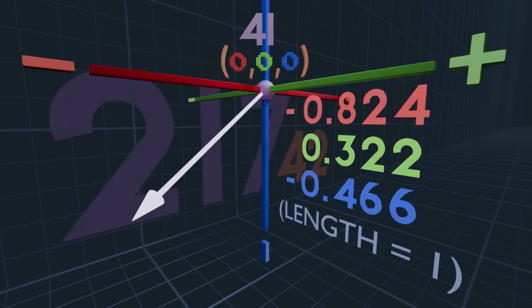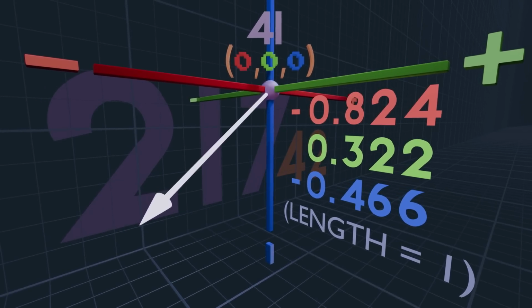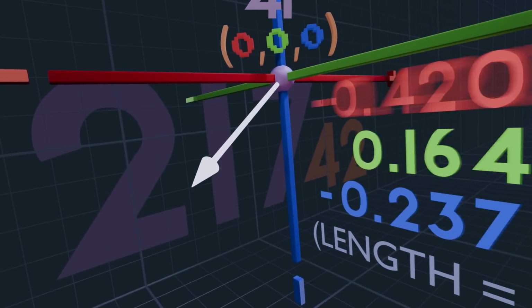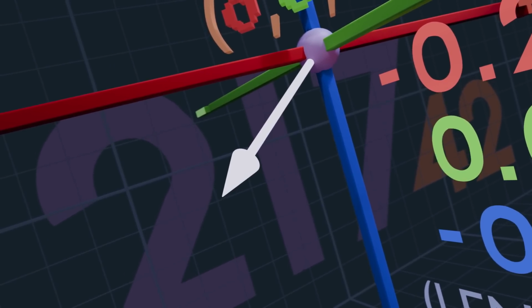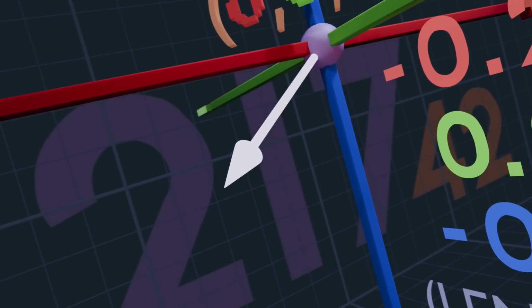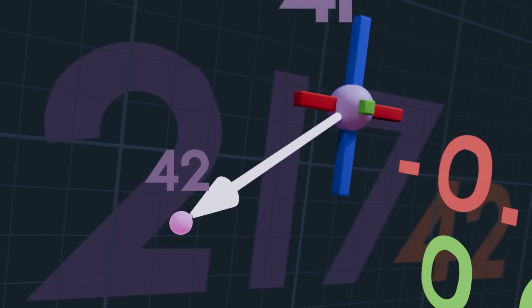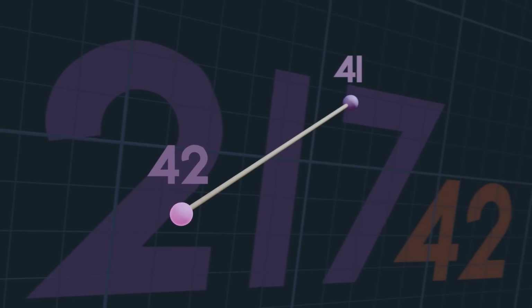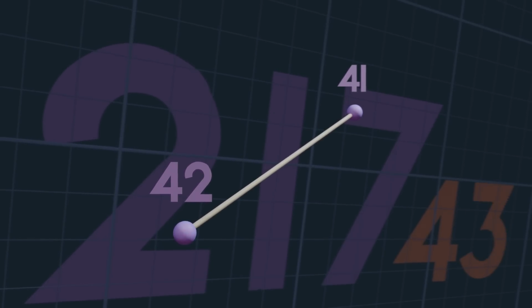Well, of course, that is the original distance between our points. And if we scale the normalized vector by 0.3, the offset will then have a length of 0.3. Then all we have to do to calculate our final new position for 42 is add this adjusted offset back onto 41's position. That's the theory.